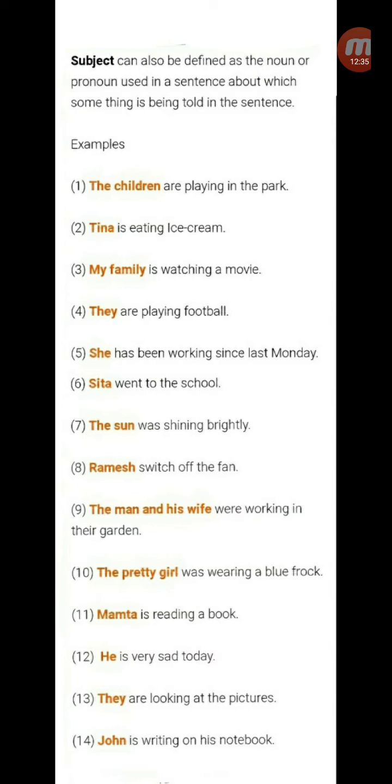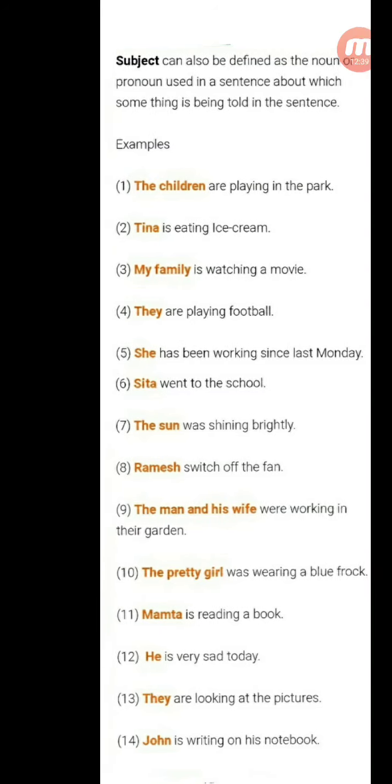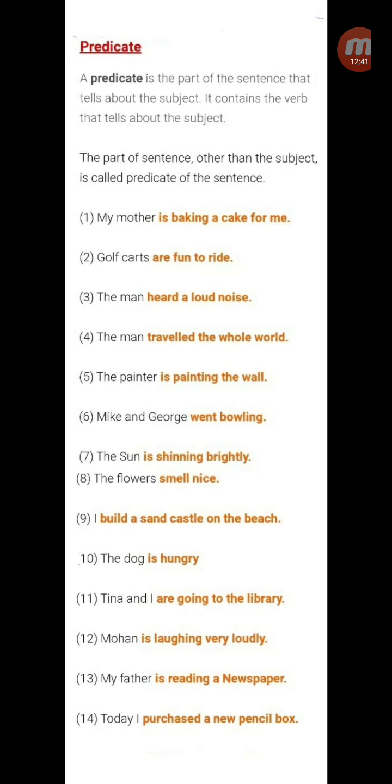Now, I hope this concept of subject is clear to you all. Now, let's move on to predicate. Predicate is the part of a sentence that tells us about the subject. It contains the verb and tells something about the subject, right? And that part is called predicate, children.